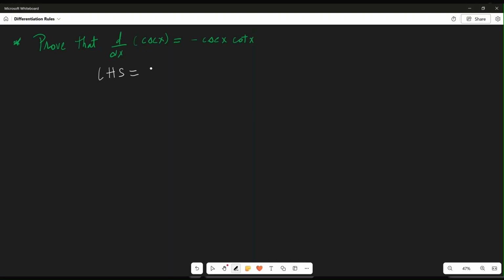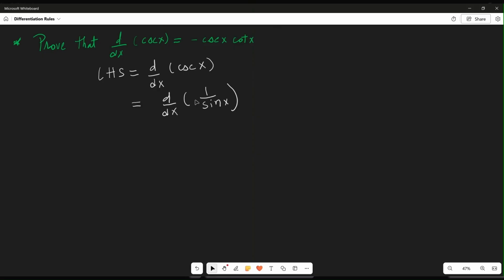Okay, the left hand side is equal to the derivative of cosecant of x. And if you have watched my previous video and you remember trigonometric formulas, cosecant is also equal to 1 over sin x.